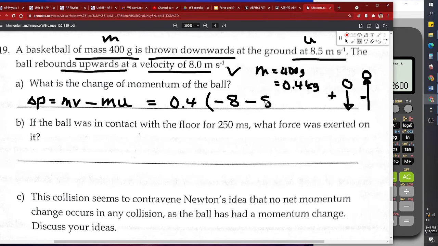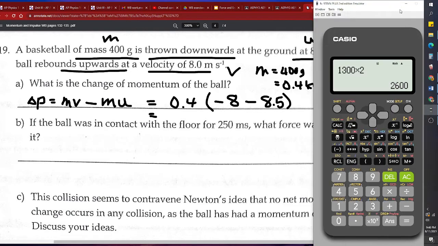So once we get our calculator out, it'll be 0.4 times negative 8 minus 8.5.